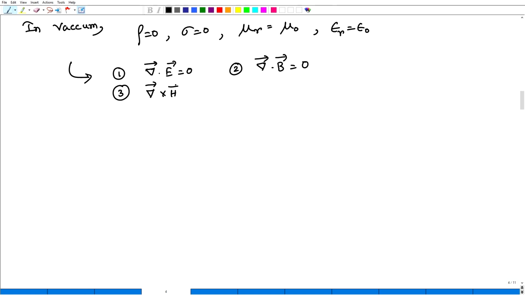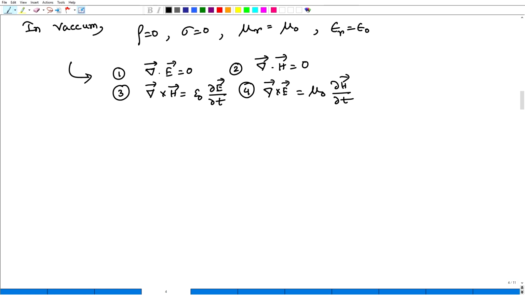Okay. So, these are the 4 equations. It can also be written as, instead of B we can write H, because B equals mu 0 H. So, these are the 4 equations.